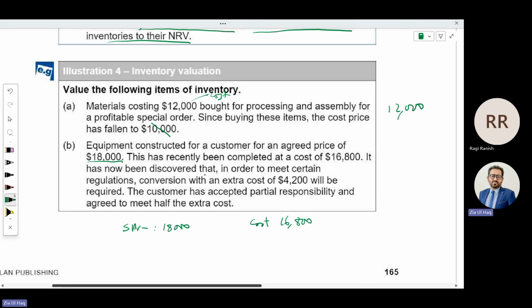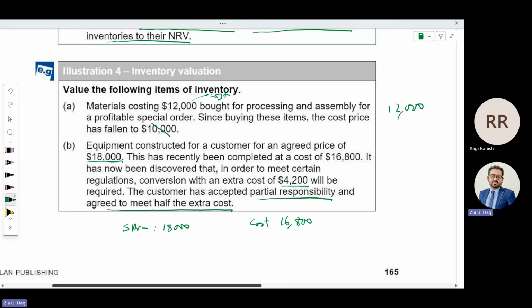It has now been discovered that in order to meet certain regulations, conversion with an extra cost of 4,200 will be required. The customer has accepted partial responsibility and agreed to meet half the extra cost. The customer is saying the half cost I will meet. What is the half? 2,100.